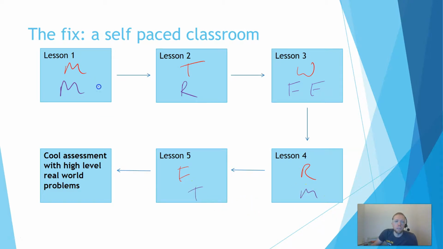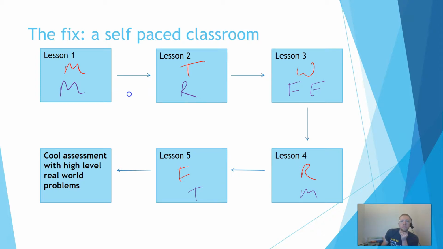So you might do these lessons on different days if you're absent on Tuesday and Wednesday. And then we don't have this problem of our whole unit falling apart. So what we're getting rid of is this idea that everybody's doing the same thing on the same day. And the reason that we can do this, especially this year, is we can use video to replace me talking at you as a whole group.